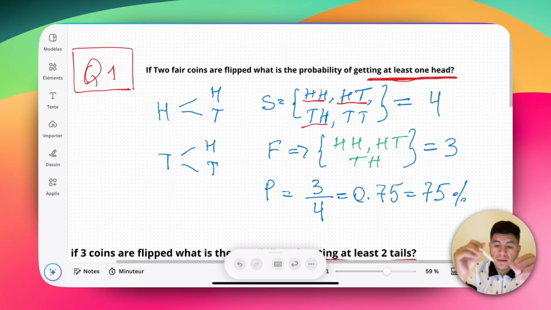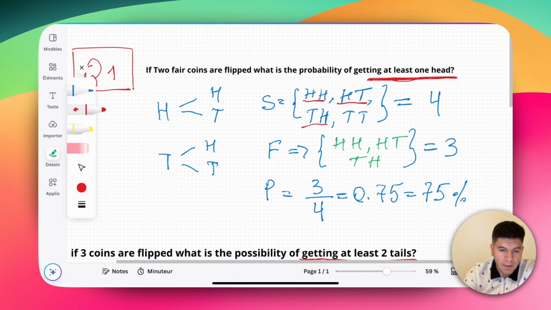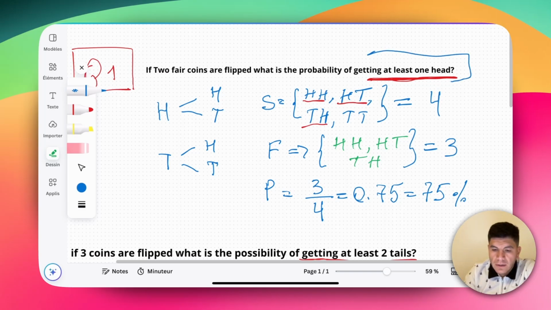In this example, we will look at how to answer the question: if 2 fair coins are flipped, what's the probability of getting at least 1 head? The important point is to look at the words "at least", because this changes the result.